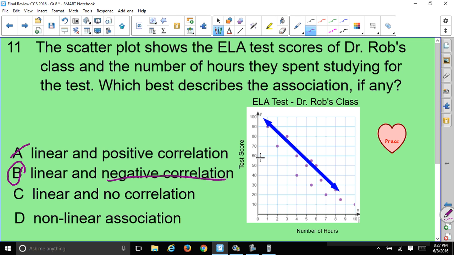No matter how many hours you spend, you're still going to end up with some type of mark there. And nonlinear means no line, so it's some type of curve association. So I'm going to go with choice B because it does resemble that negative slope line that we talked about when we did slope.